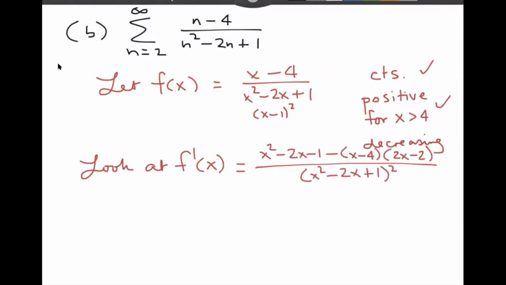Okay. All right. So if we pretty this up a little bit, I'm going to FOIL those two binomials, x minus 4 times 2x minus 2, and that's going to give me 2x squared minus 10x plus 8.